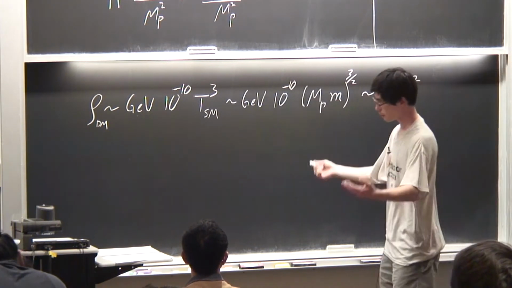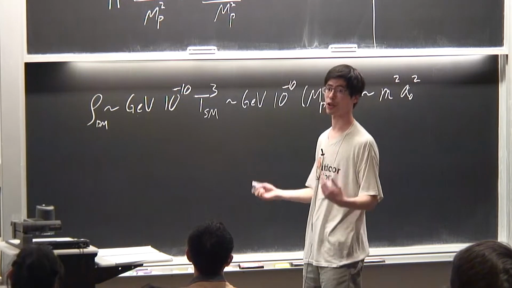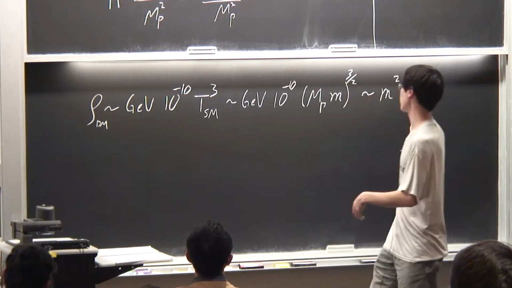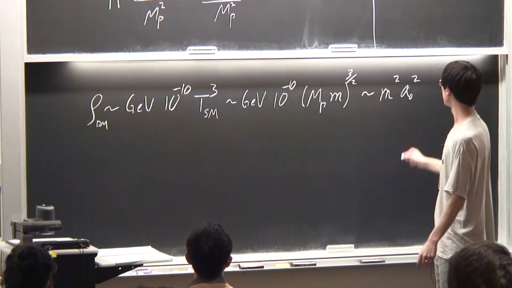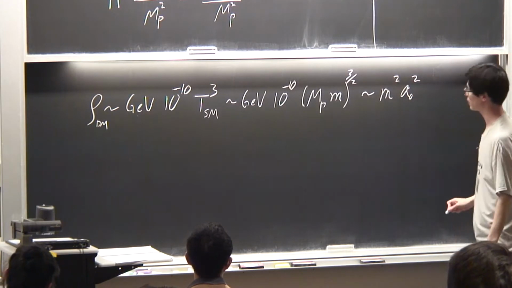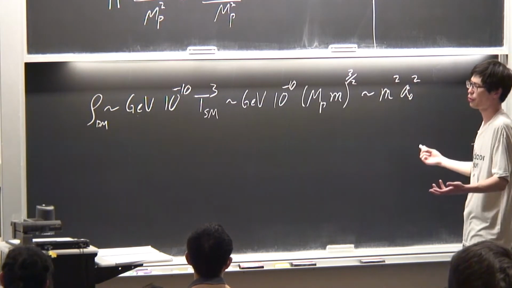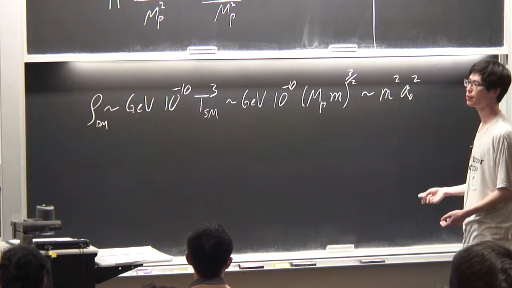So if you're interested in just light dark matter, this is basically the equation you need. Normally, people will ask, what's the natural value for the expectation value of A0?